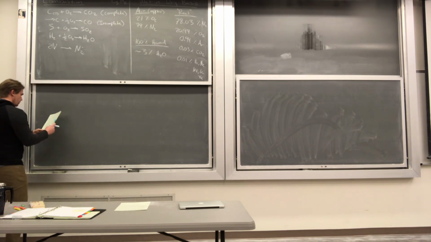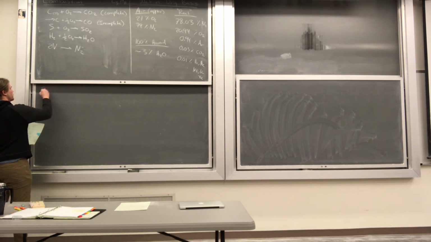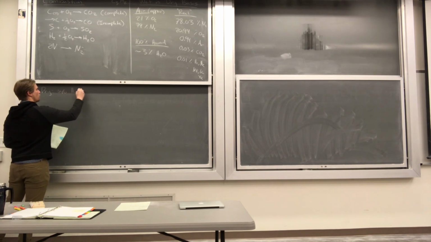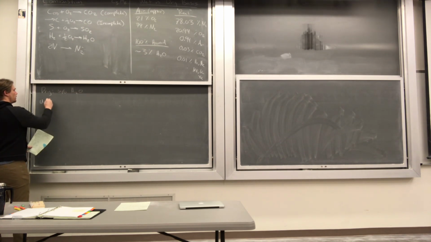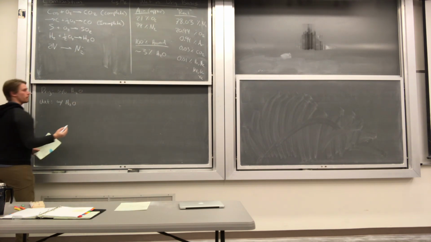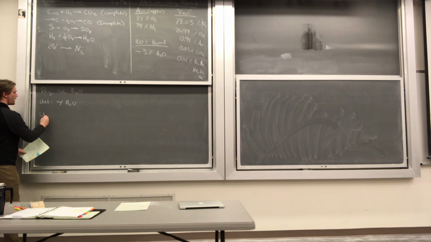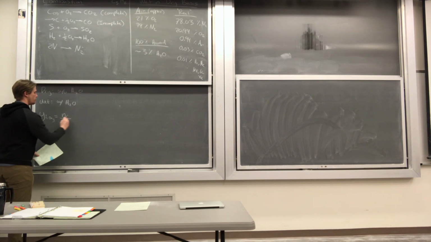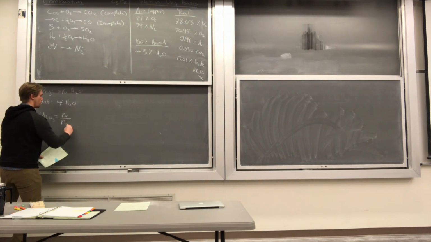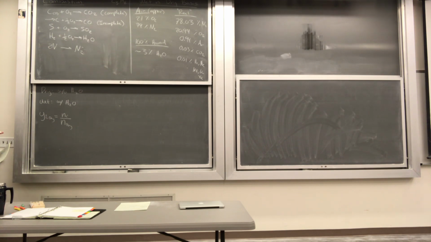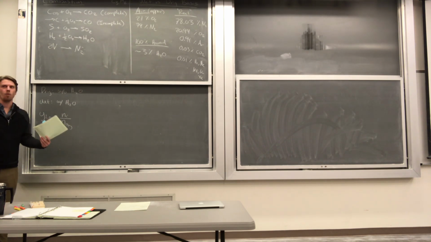So the dry basis is without water. Wet is with water. The mole fraction of any species on a dry basis is equal to the number of moles of species i divided by the number of moles of dry gas. This is everything that's not water.